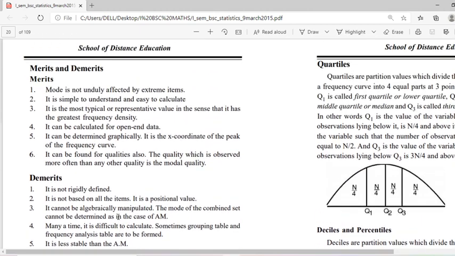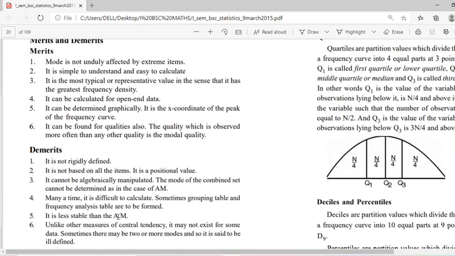One more thing we can discuss, that is merits and demerits of mode. Mode is not affected by extreme items, because we are considering only the most frequent items, so there is no relevancy for extreme items. Another is, it is simple to understand and easy to calculate. It is the most typical and representative value in the sense that it has the greatest frequency density.